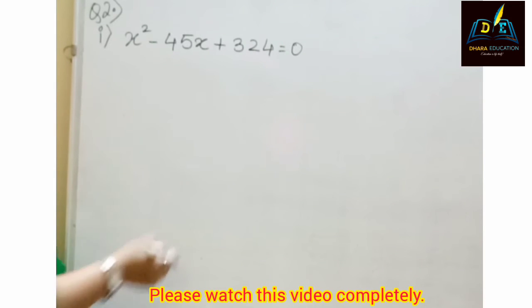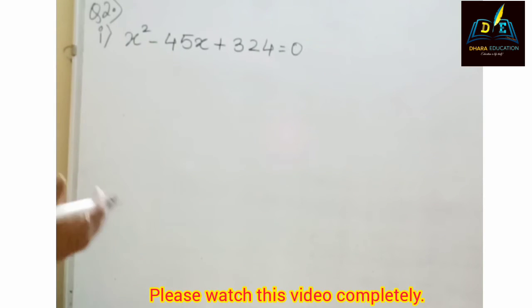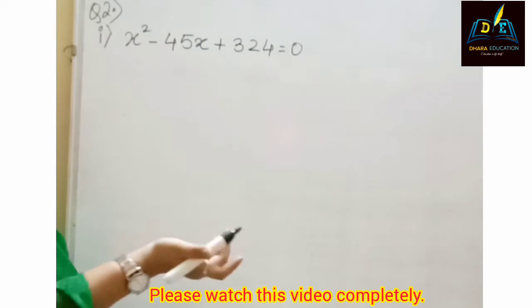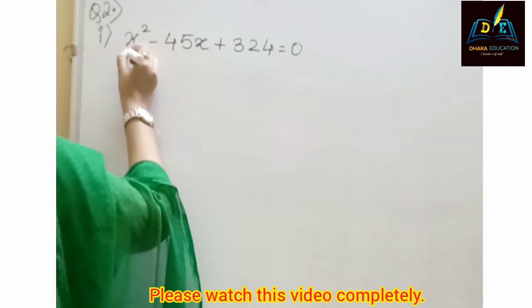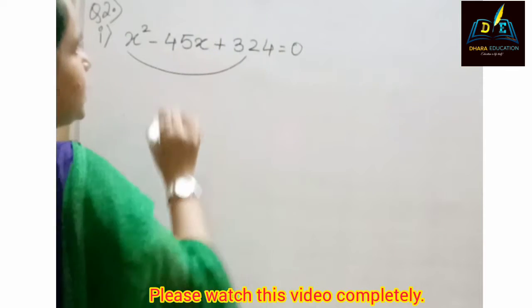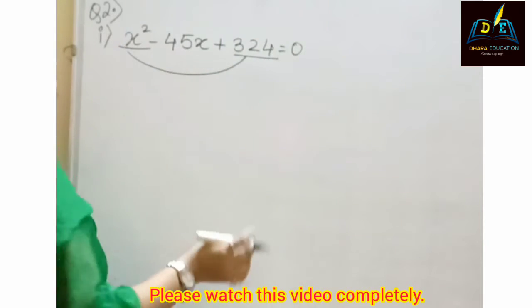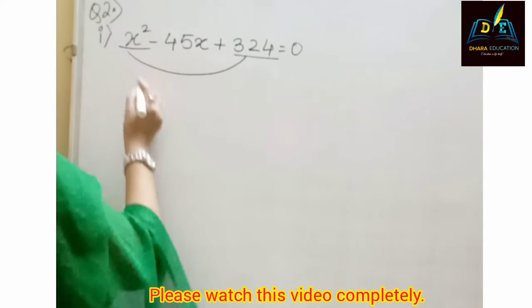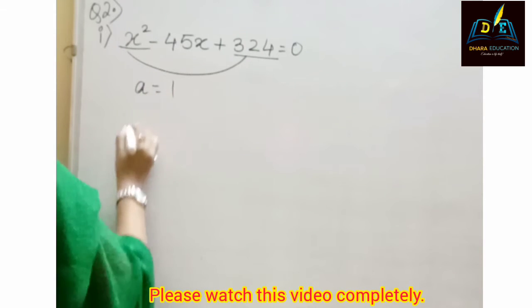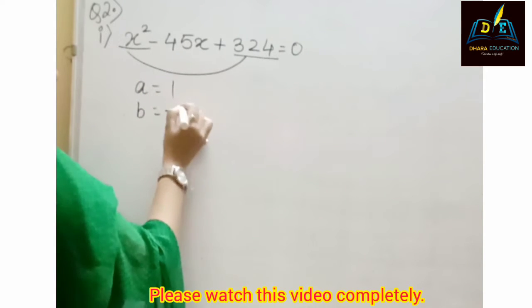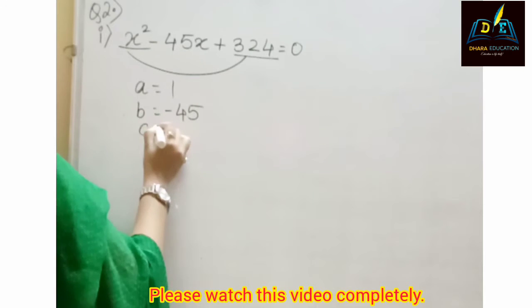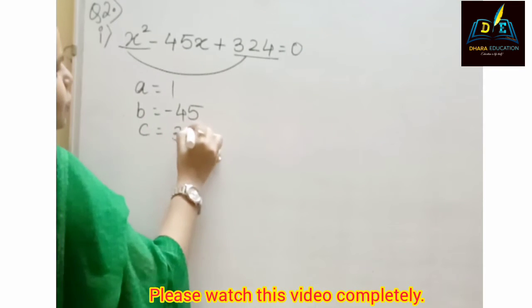Here is the equation which I have written as per the quadratic equation standard form. Now, as we used to do in previous sessions, the first term will be multiplied with the third term. Here a is equal to 1, b is equal to minus 45, and c is equal to plus 324.